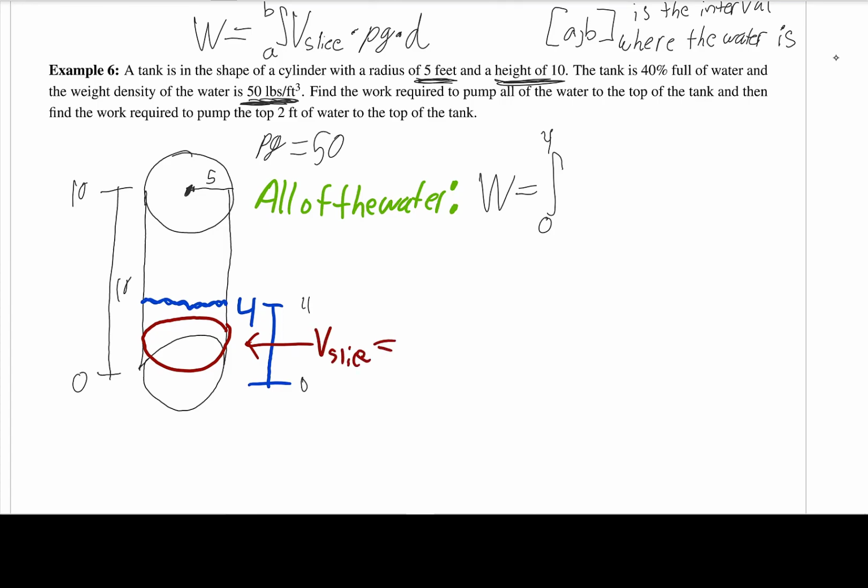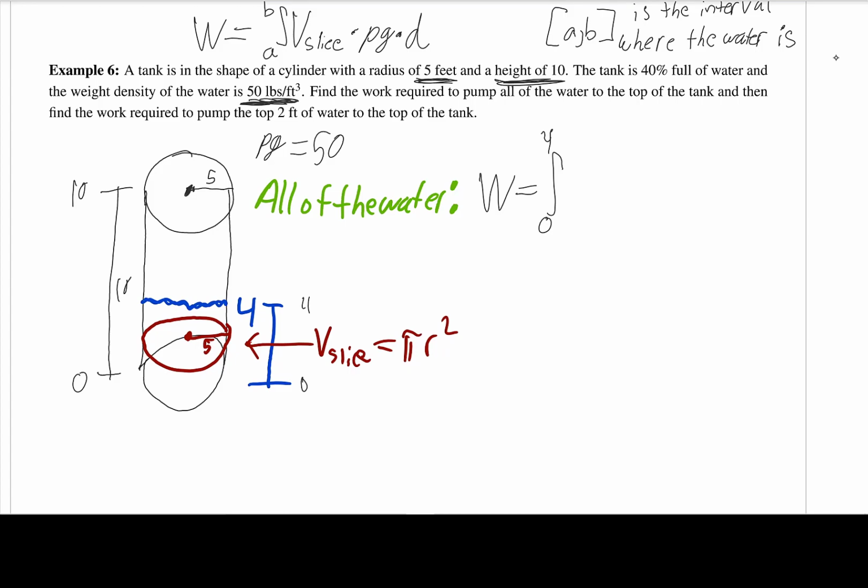Now the area of this circle is going to be pi r squared. But remember, when you make a cylinder, you're just stacking the same circle on top of itself over and over again. So we know that this circle is going to have a radius of 5. So this is going to be pi, and I'm forgetting something. We need to account for what our variable of integration is here.